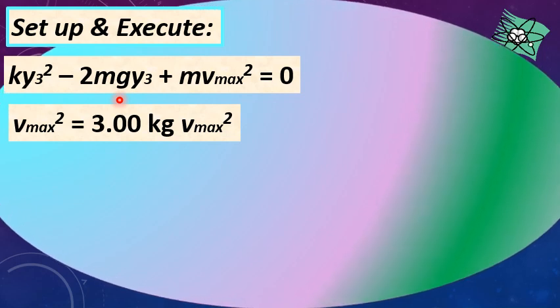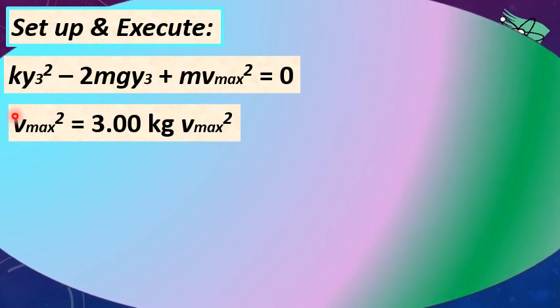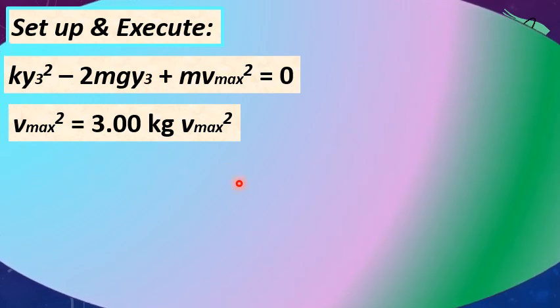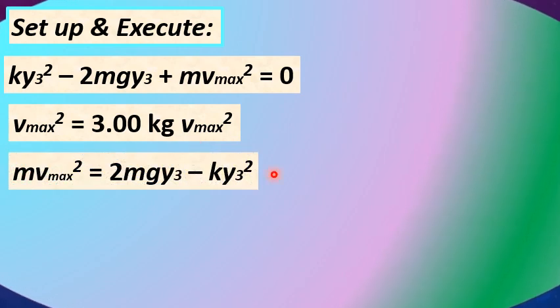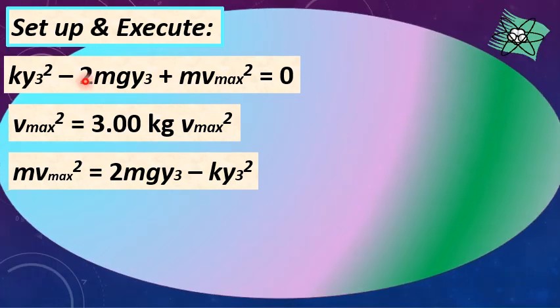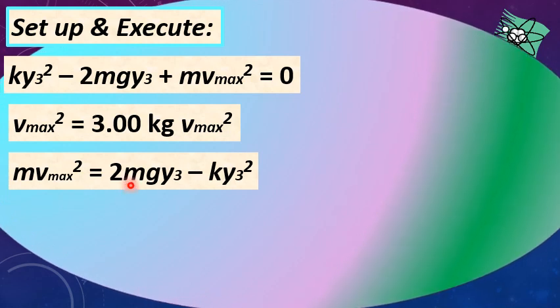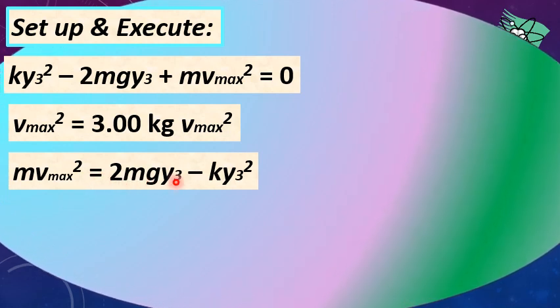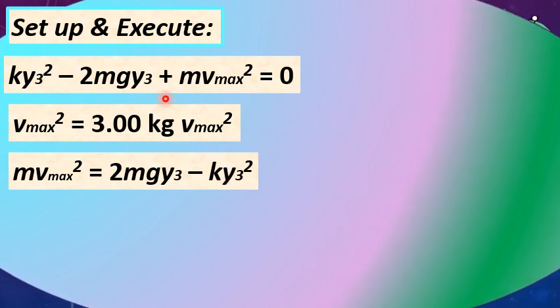When m v max squared is isolated from this original equation, m v max squared is equal to 2 mg y sub 3 minus k y sub 3 squared.